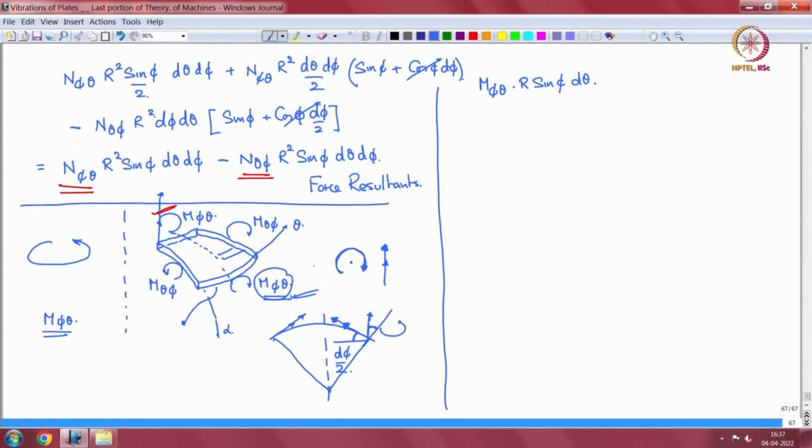So m phi theta into r sine phi d theta, that is the full moment. Okay, and the vertical component, here also the vertical component, and both are in the same direction. So multiply by d phi by 2 into 2 from both sides. Okay, that gives me m phi theta r sine phi d theta d phi.